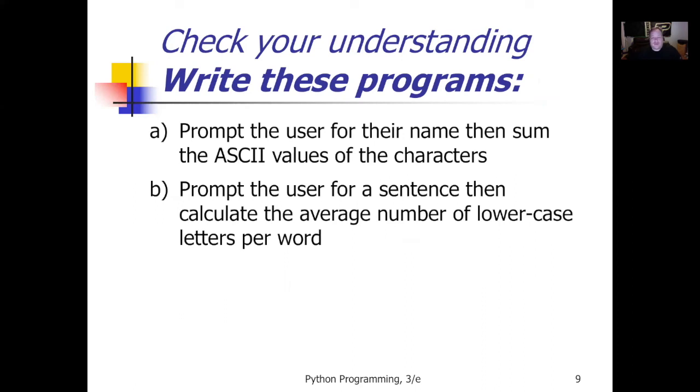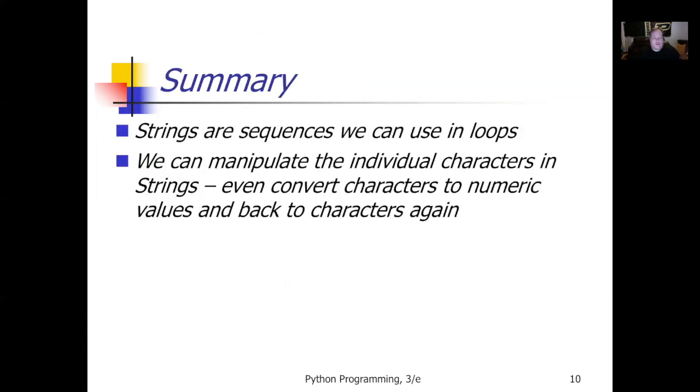Basically, what I want to know is how many words are in the sentence, how many lowercase letters are in each of those words, and then divide that by the number of words, and I know the average number of lowercase letters per word. But you've got to be able to look at whether they're lowercase or not, and you've got to be able to do some programming to figure that out.